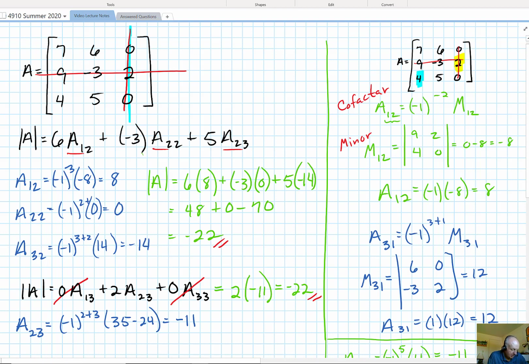So you can see that it's really complicated to find by hand determinants of anything above size 3. Size 3 is manageable. We can do that by hand. But size 4, you need to calculate 4 3x3 determinants, and for each of those 3x3 determinants, you're going to need to calculate up to 3 2x2 determinants. So it's a lot of calculation. So we will rely on technology for anything bigger than 3.